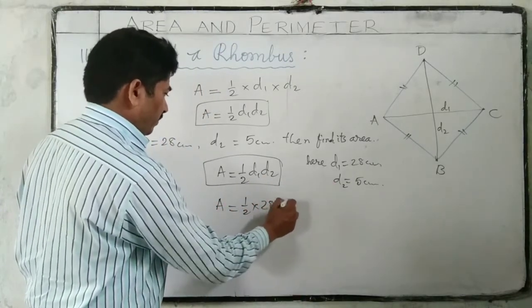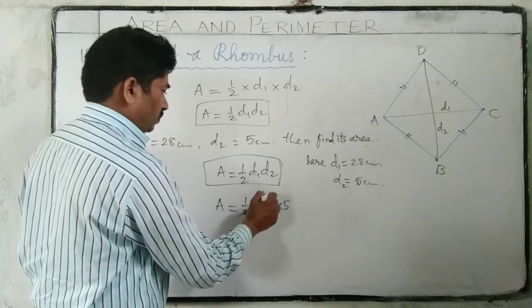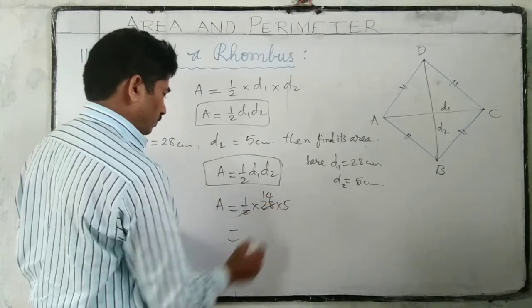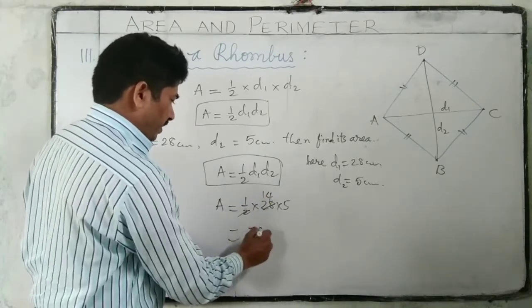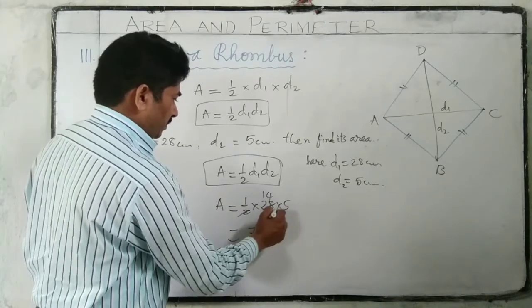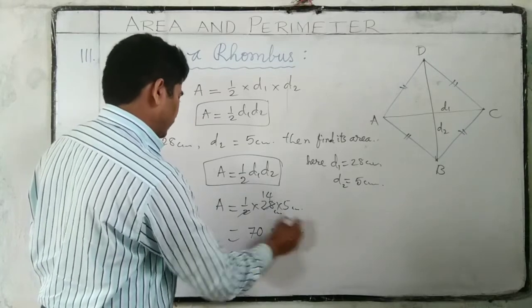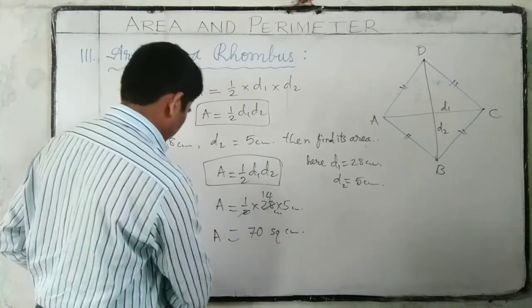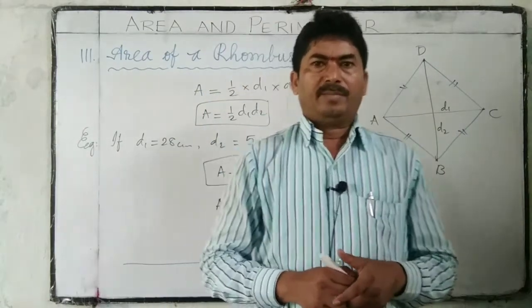Half of 28 into 5, 2 ones, 2 fours, 14 fives are 70 square centimeters. This is the method of finding the area of a rhombus.